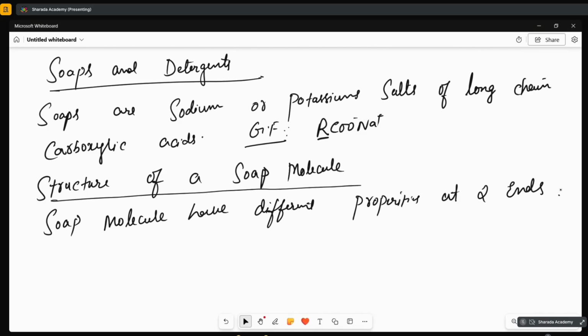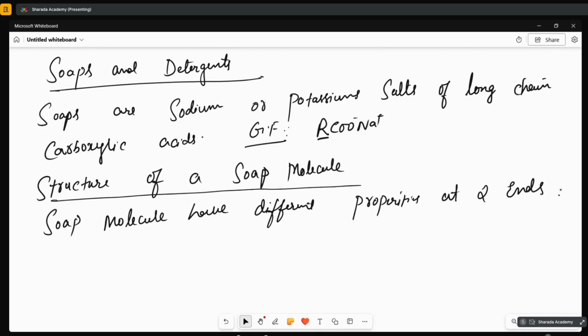That is hydrophobic in nature and hydrophilic in nature. Hydrophobic meaning it will not dissolve in the water. Hydrophilic means it dissolves in the water, because we know sodium will dissolve in the water, whereas long carbon chains don't dissolve in the water because they are covalent bonds.